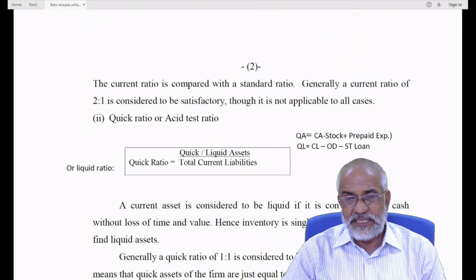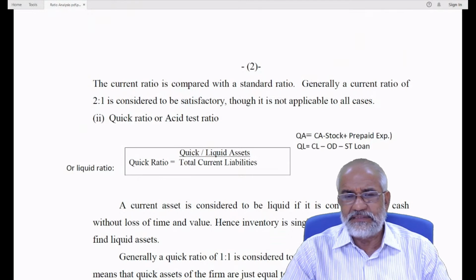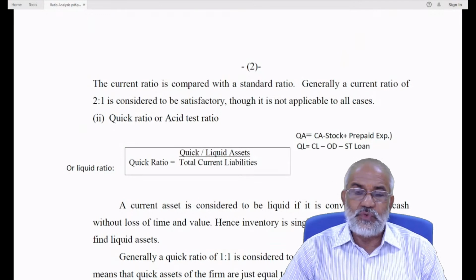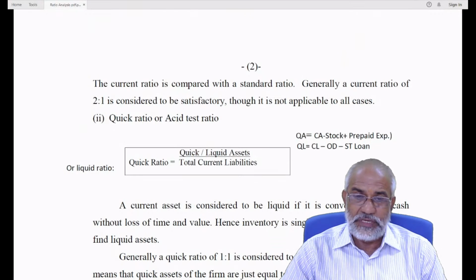Other items will remain the same for determination of quick assets. Similarly, quick liability is equal to current liability minus bank overdraft and short-term loans. These two items are to be deducted from the current liabilities to find out the quick liability.